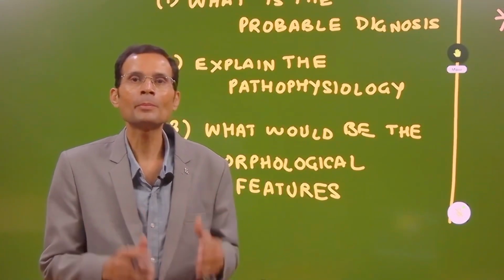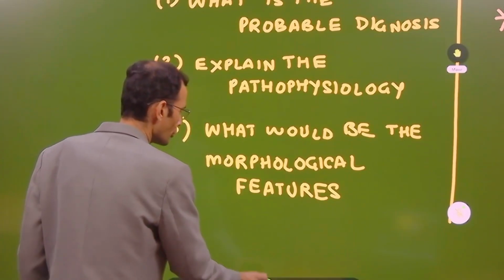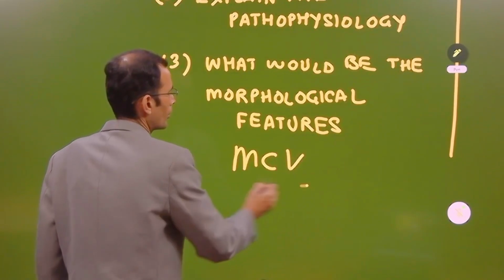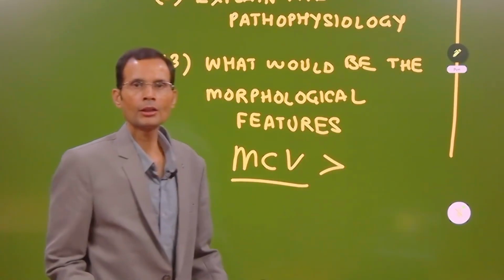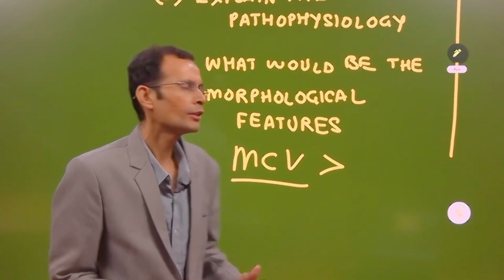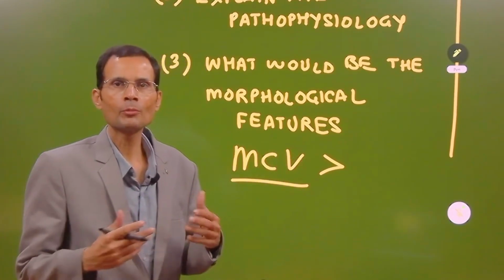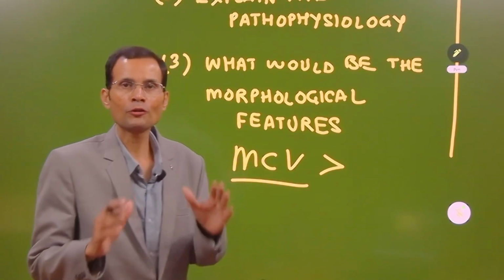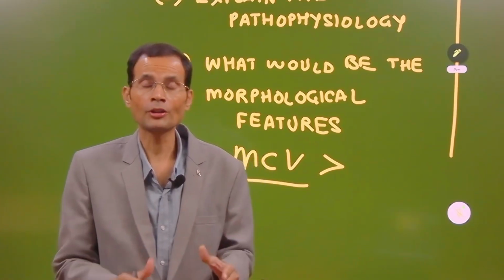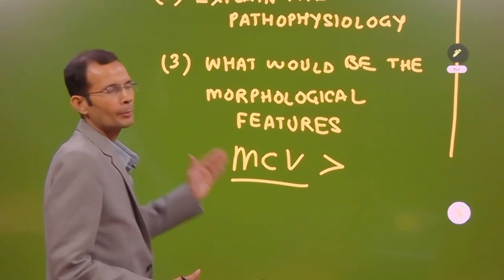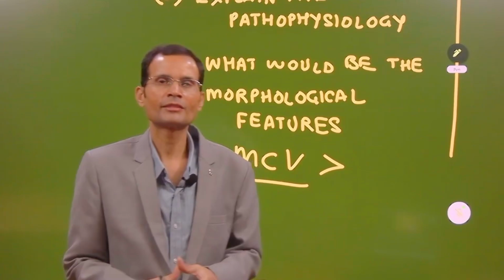For example, mean corpuscular volume, MCV, the normal range is 78 to 93 or 94 cubic microns. So it would definitely be more than 100, 120 cubic microns. That would be the important morphological feature in megaloblastic anemia. And apart from that, the large RBCs, etc.